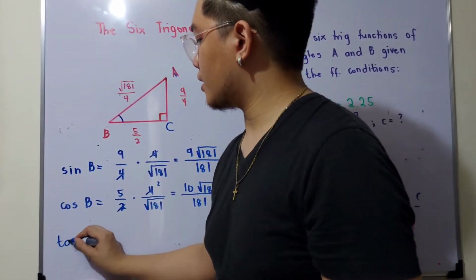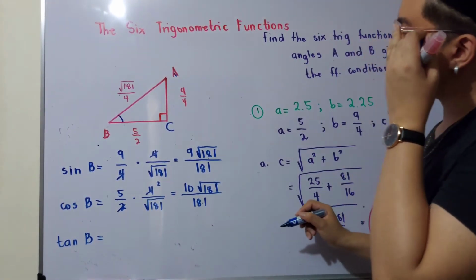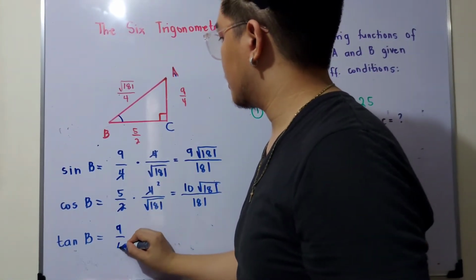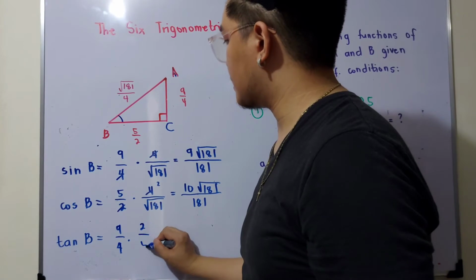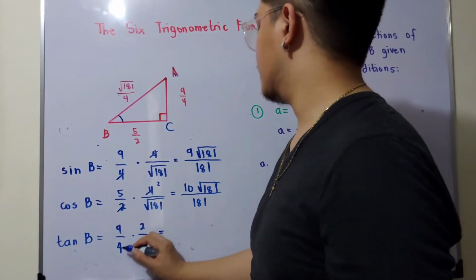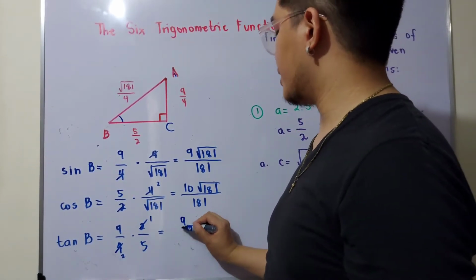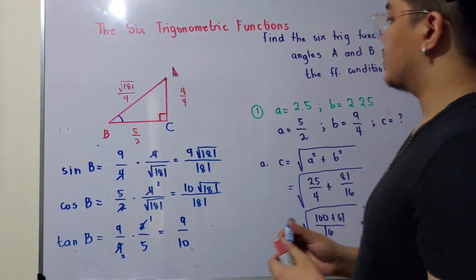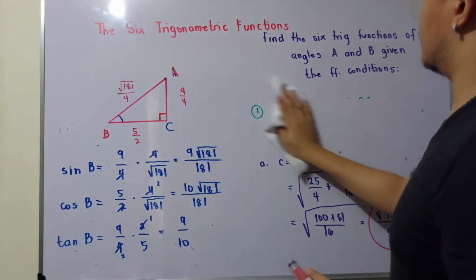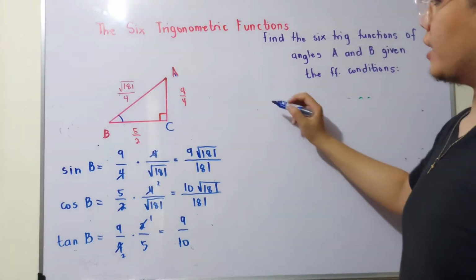Tapos, si tangent, opposite over adjacent, times 2 over 5, guys. Okay, so this will become 9 over 10. Next is the cotangent.